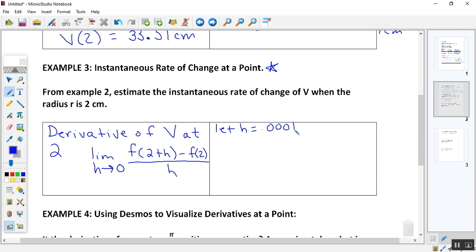Okay, so here's what we're going to do, kids. This then becomes the limit as h approaches. I screw this up all the time. All right, how about this 2 plus h part? What is 2 plus h going to equal?